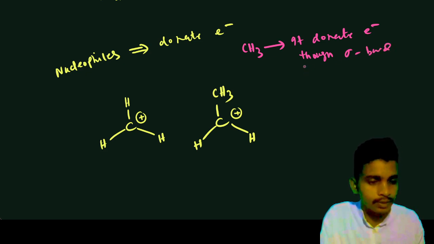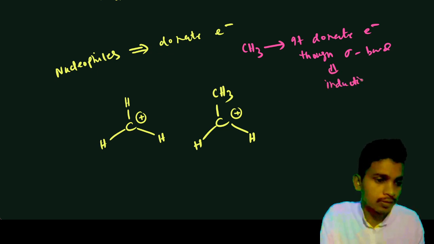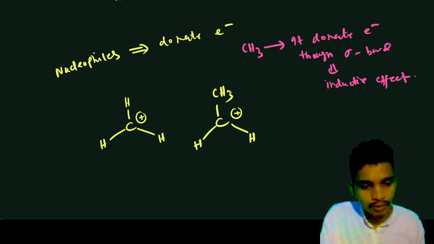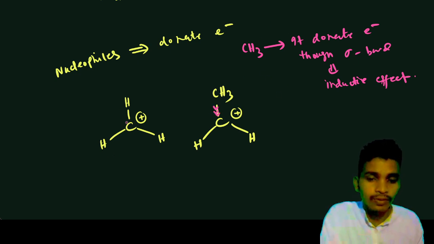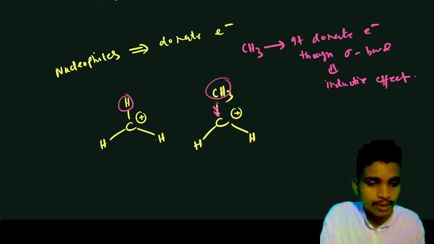We know that this is the inductive effect. Since it donates electrons through sigma bonds, it is donating some electrons, whereas hydrogen is not. So this carbocation gets more stabilized.